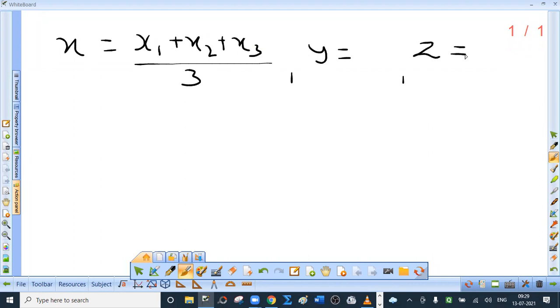Now what is the section formula for external division? Let me explain. Section formula for external division.